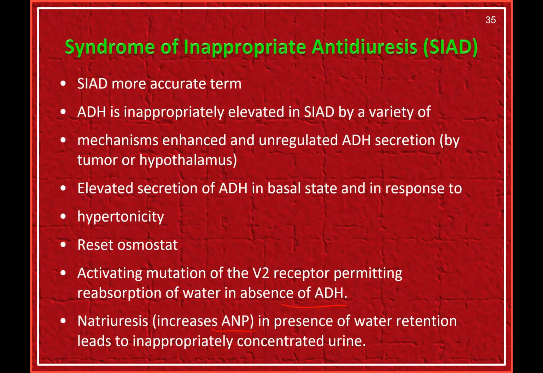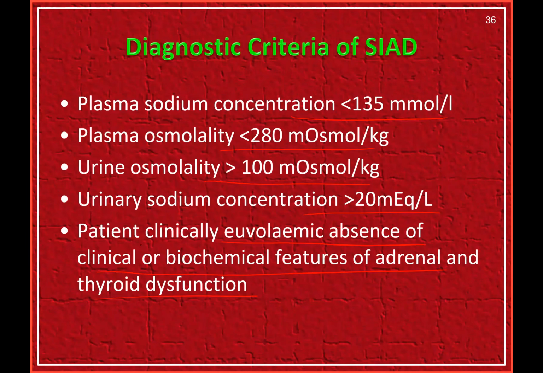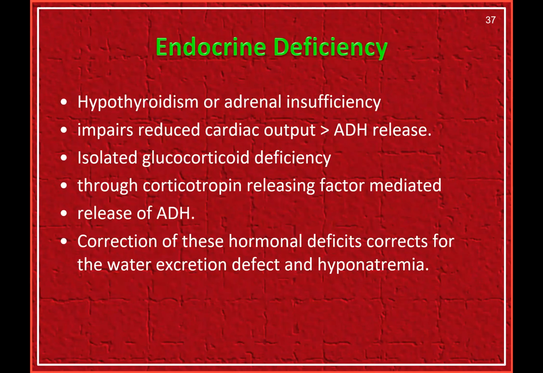So in the absence of hypothyroidism or hypoadrenalism, if you have low sodium, euvolemia, urine osmolality more than 100 milliosmoles, and urine sodium concentration more than 20 milliequivalents, then we have to consider syndrome of inappropriate secretion.